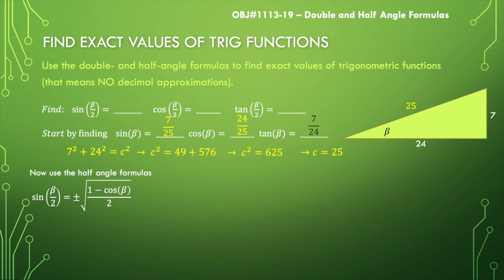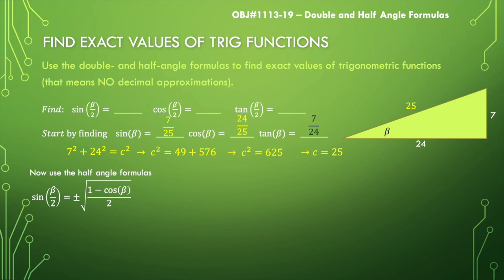we know is going to use this formula: plus or minus the square root of 1 minus cosine of beta, over 2. The plus or minus comes into play when we're dealing with something in the plane. When we're dealing with just a right triangle, we know that angle beta is an acute angle, which means half of angle beta will also be an acute angle.